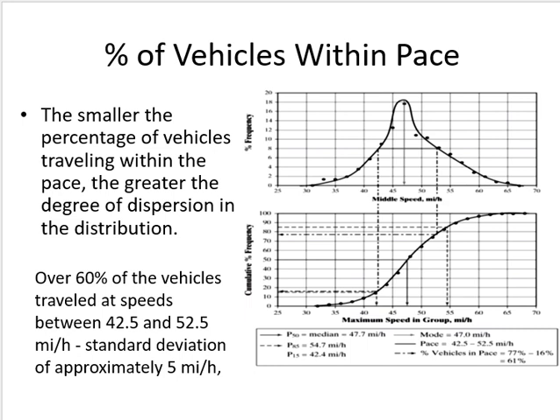The normal range is very short, so variation is less. If this range is bigger, larger, wider, that means variation is more. That means even the normal drivers have a very big difference between them. Got it? So this tells you the range of normal drivers.